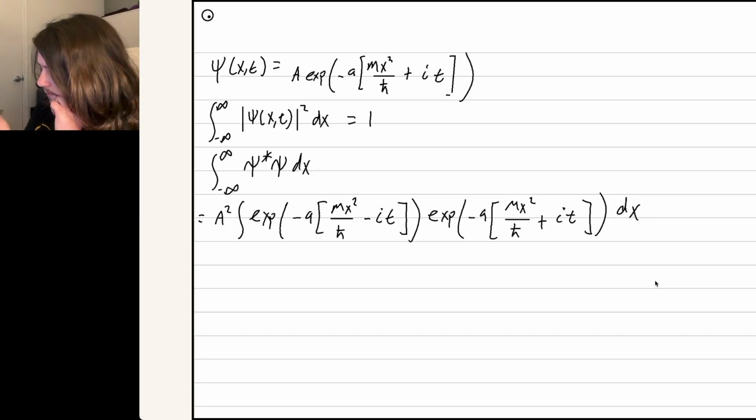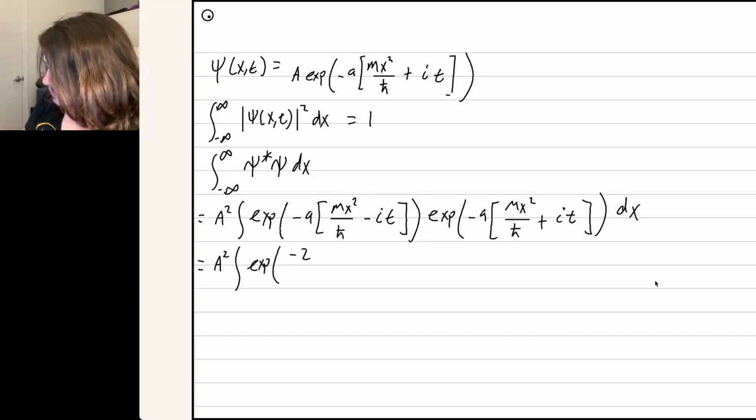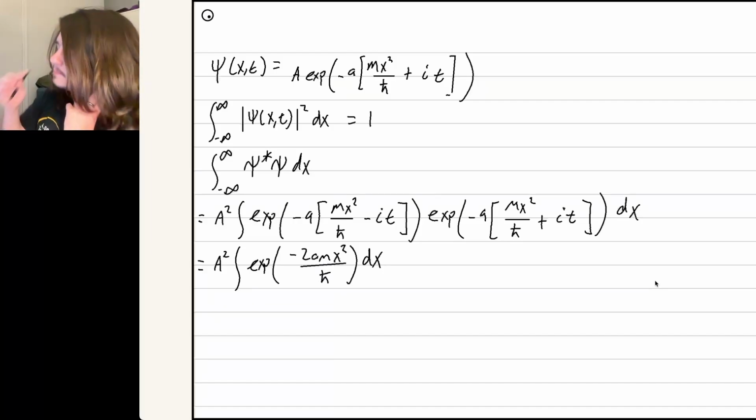Okay, so the imaginary components will cancel out, thankfully. You're just going to be left with a squared times the integral of exp of minus 2amx squared over h bar dx.